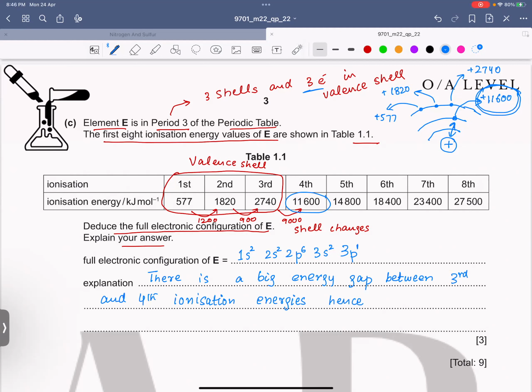Hence, the valence shell has three electrons. Yes, is this clear to everyone?